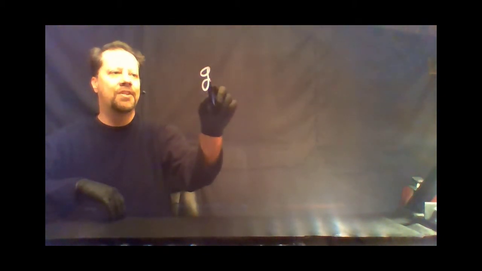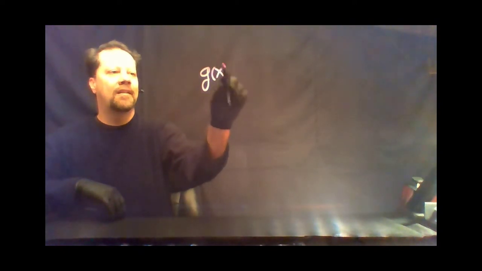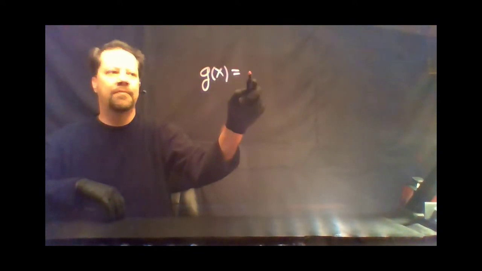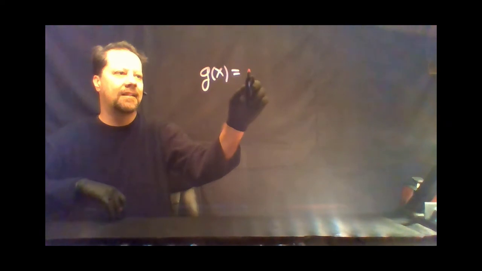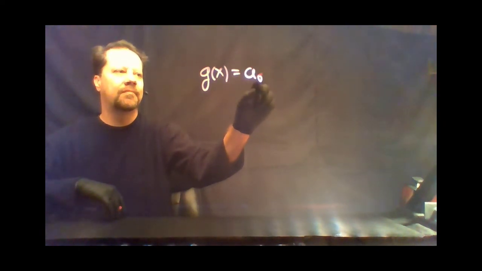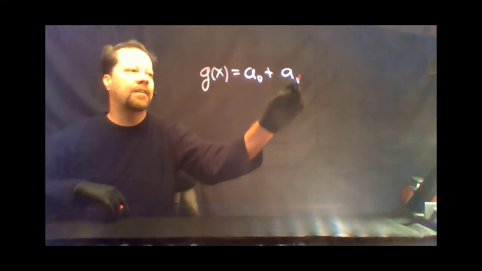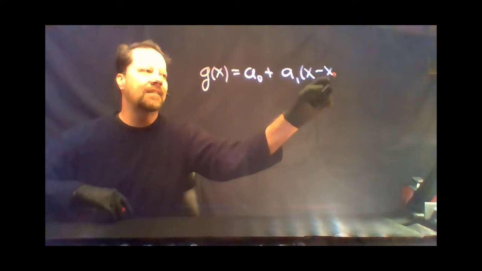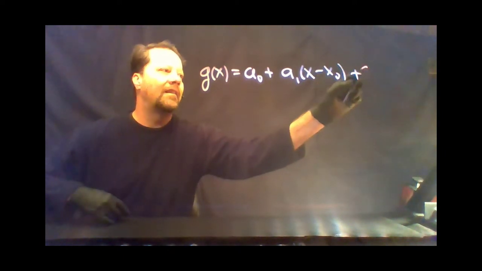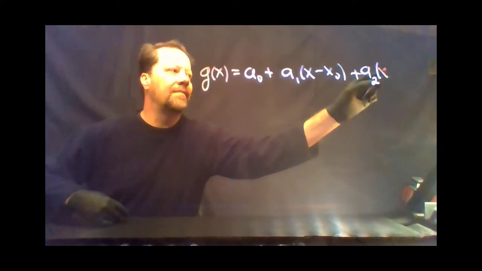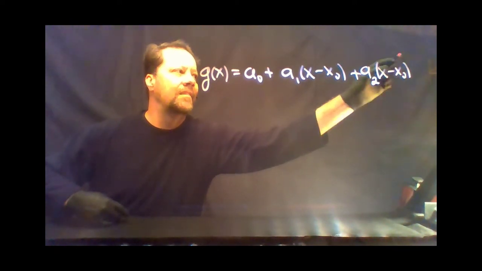Suppose our function g has the following form. It's going to be some constant a naught, another constant a1 times x minus x naught, and another constant a2 times x minus x naught squared.